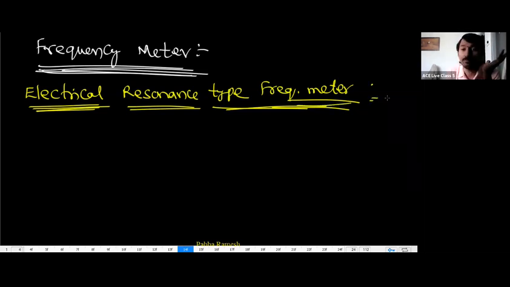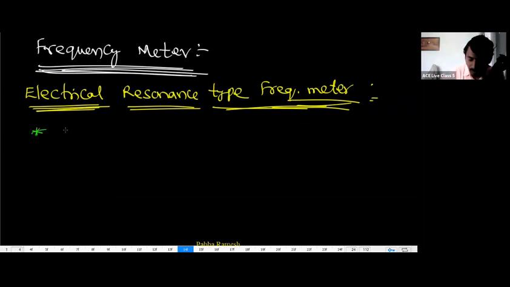An electrical resonance type frequency meter works on the principle of electrical resonance only, that too the series resonance concept, XL equal to XC. That's why concentrate here.